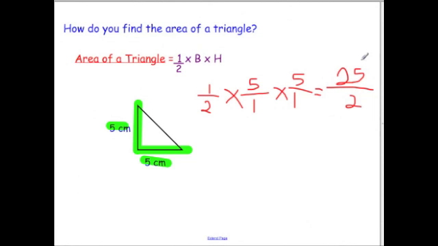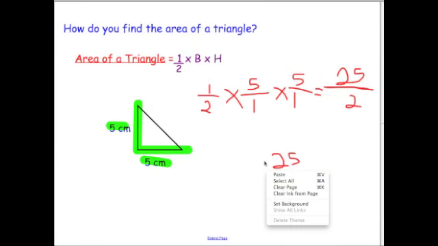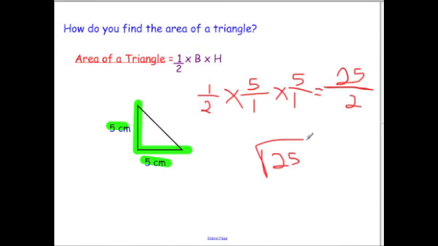Now we can make this 25 halves into a prettier number because we know that this line right here means to divide. So we take 25 and we divide that by 2. We know 2 goes into 2 one time, and 1 times 2 is 2.